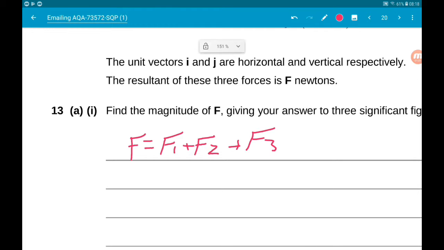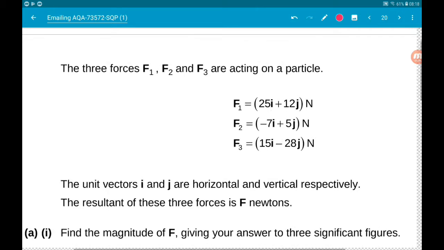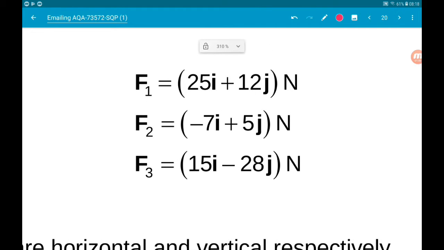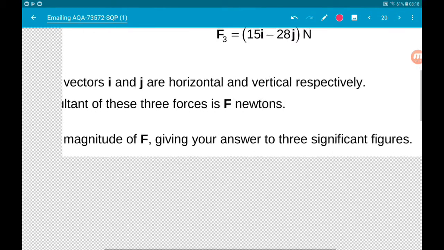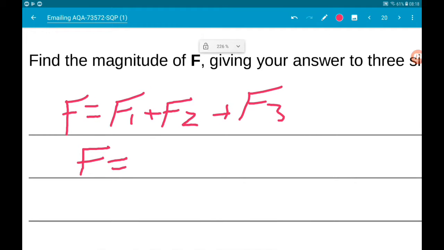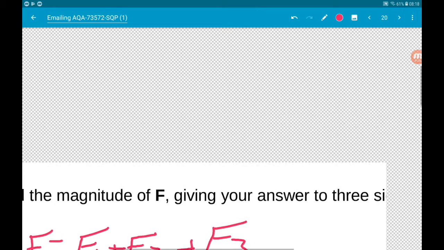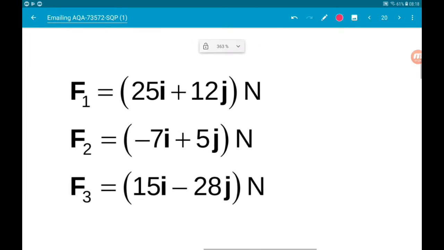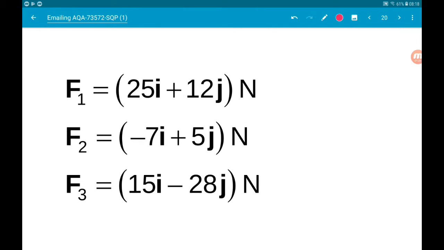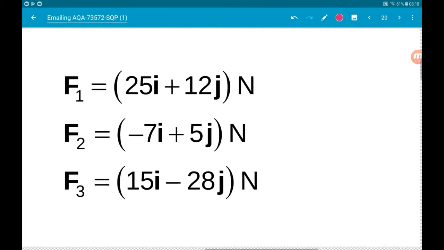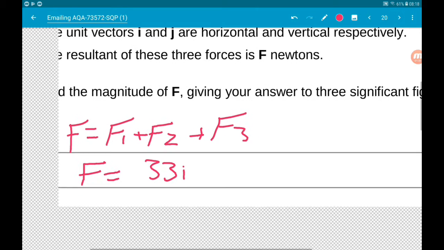So, F is 25 minus 7 is 18, add 15 gives us 33i, and then for j, 12 add 5 is 17, minus 28 gives us minus 11j.